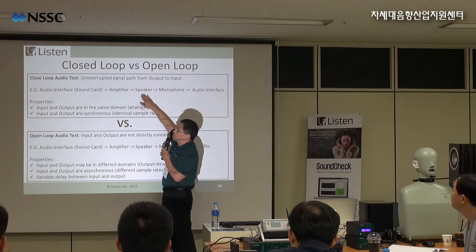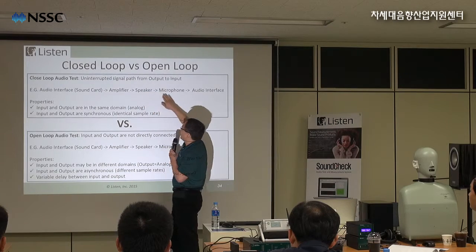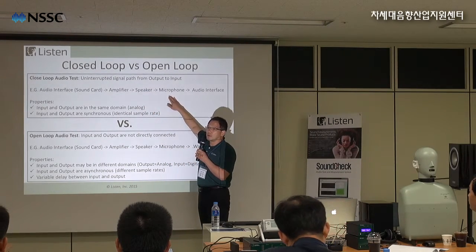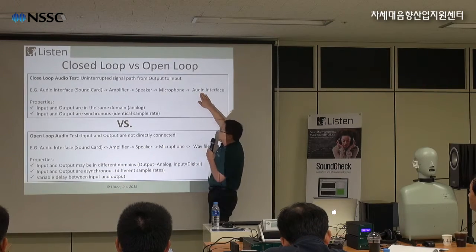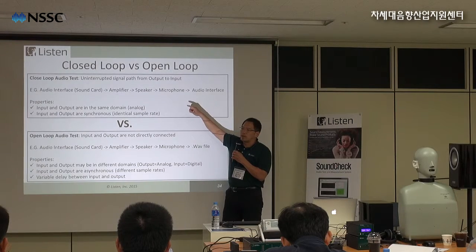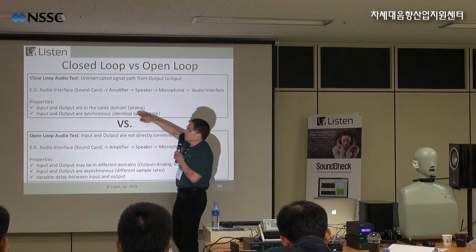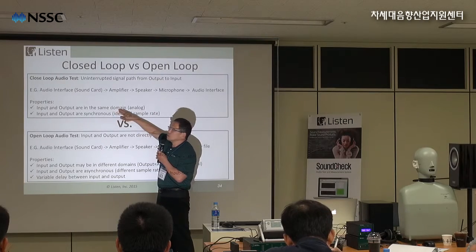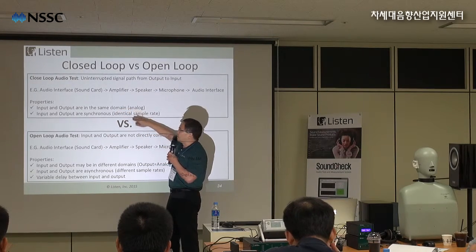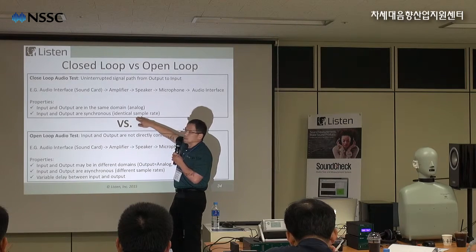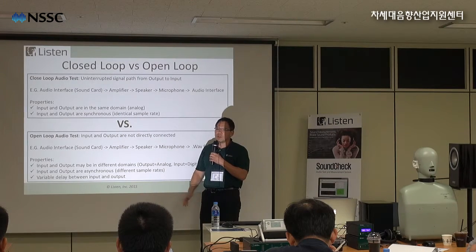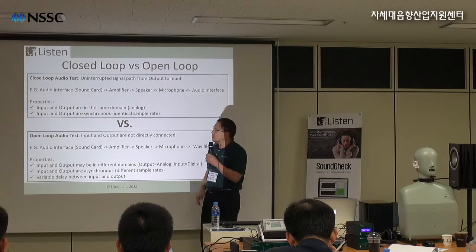So you send out a stimulus here, and the microphone captures the response, back to the audio interface, to the computer for analysis. So input and output are in the same domain. It's analog. And they're synchronous, so they have the same sample rate. Like I said before, same sample rate, same clock.